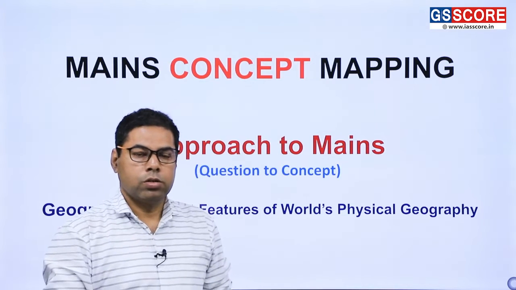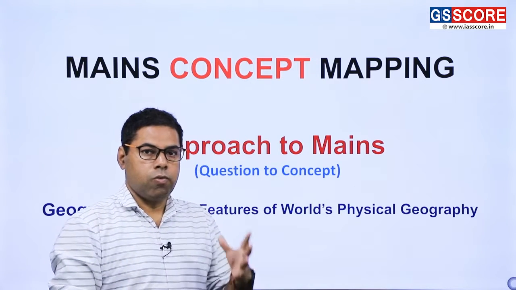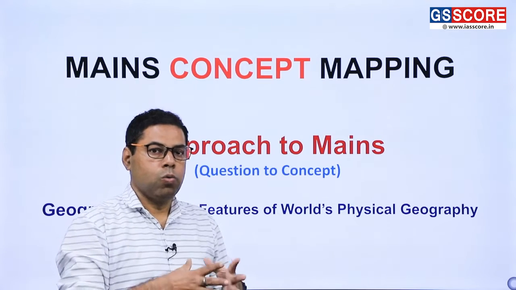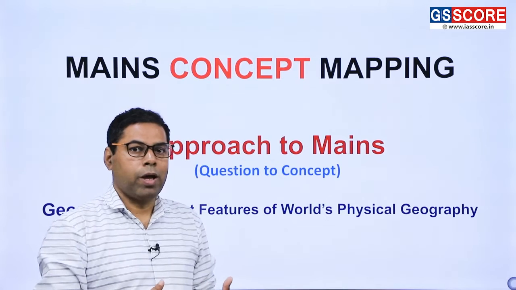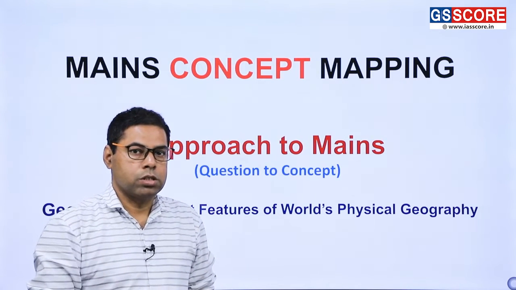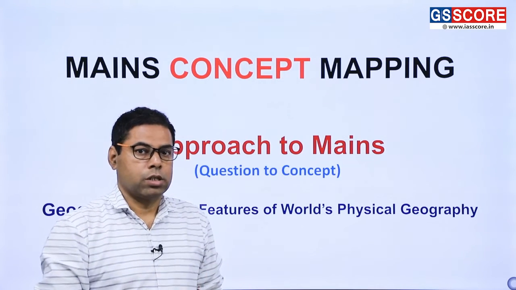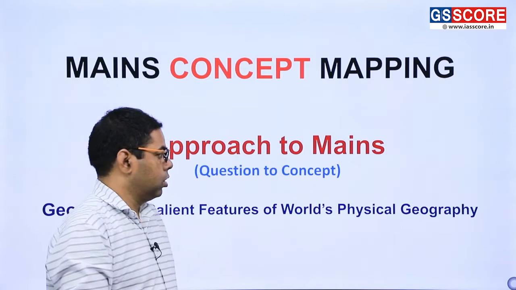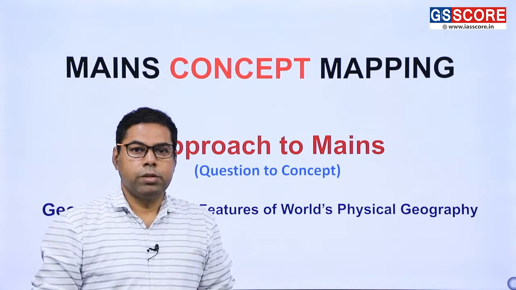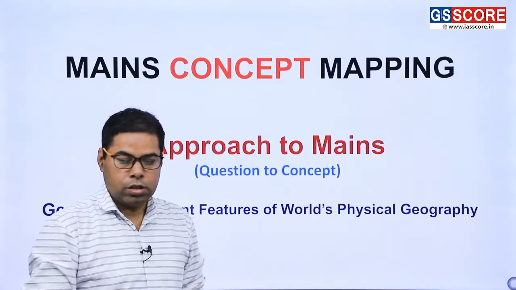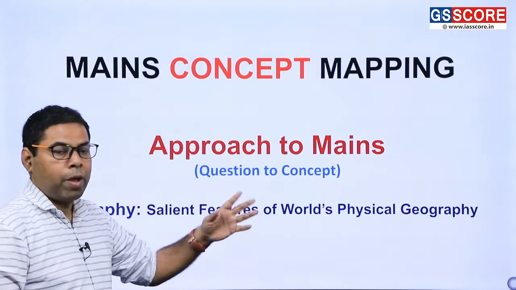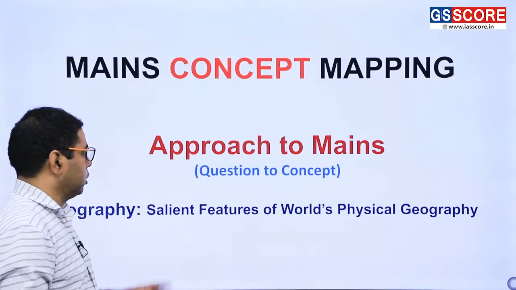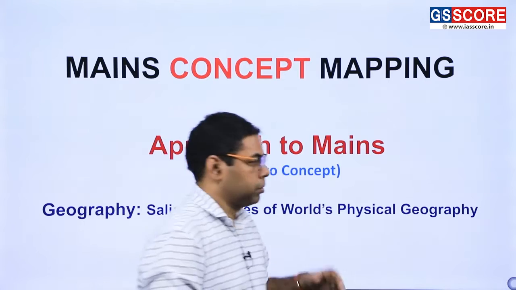I'll pick up one question, and in this question we will discuss the formatting, how to write, what to write, and what is the role of diagrams and maps, and accordingly we will also discuss how to conclude the answer, and from that topic what can be the probable questions. So let us start the topic: mains concept mapping, approach to mains, that is question to concept.